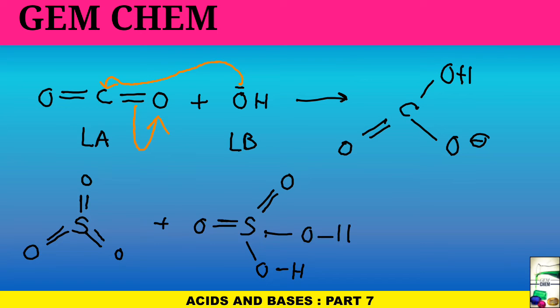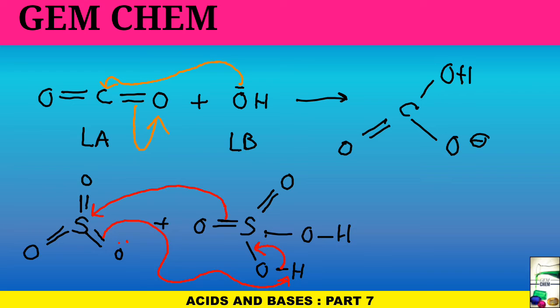This is the structure. Now, if we try to undergo the reaction, then one of these lone pairs will attack this proton, and this bond will go here. Another bond from here will attack the sulfur.